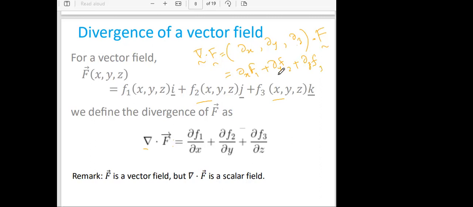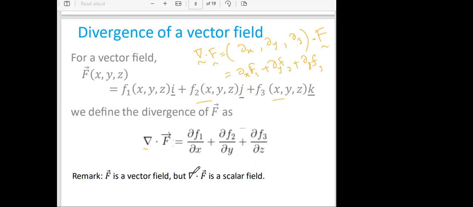This is the divergence of the vector field f, right? So what does this mean? This is a scalar field. This is not a vector. Always you get a scalar-valued function, right? That is the remark.